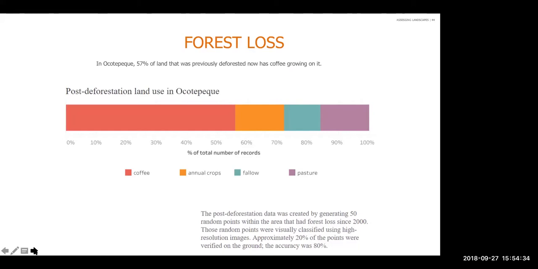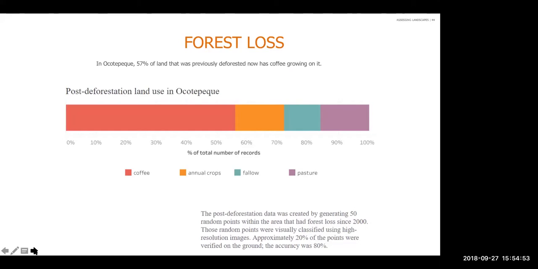And then what we find is our accuracy rating is about 80% for that. So we have pretty high confidence levels in what we're seeing. It's not just coffee, there's pasture, there's fallow, there's annual crops as well. But if we're going to address forest loss in this particular area, we have to work in coffee.